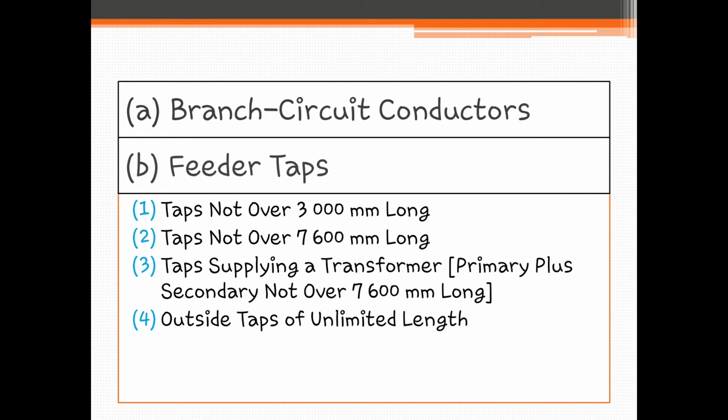The ampacity of the tap conductors. The tap conductors do not extend beyond the switchboards. Next is the tap supplying a transformer, primary plus secondary, not over 7,600 millimeter long. And number 4 is outside taps of unlimited length.